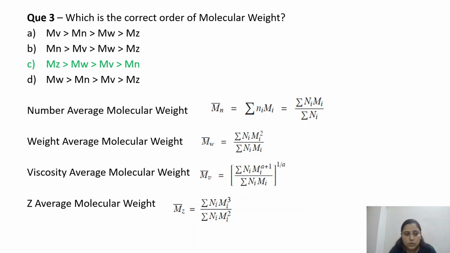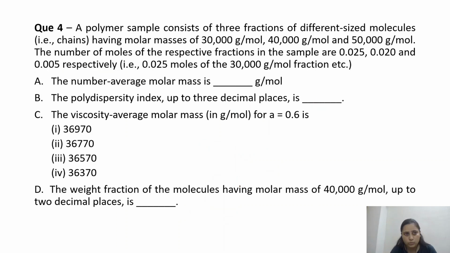Question 4 is about a polymer sample that consists of 3 fractions. Like a polymer having 3 fractions of different sized molecules or chains having molar masses of 30,000, 40,000 and 50,000 gram per mole. The number of moles of the respective fractions in the sample are 0.025, 0.020 and 0.005 respectively.